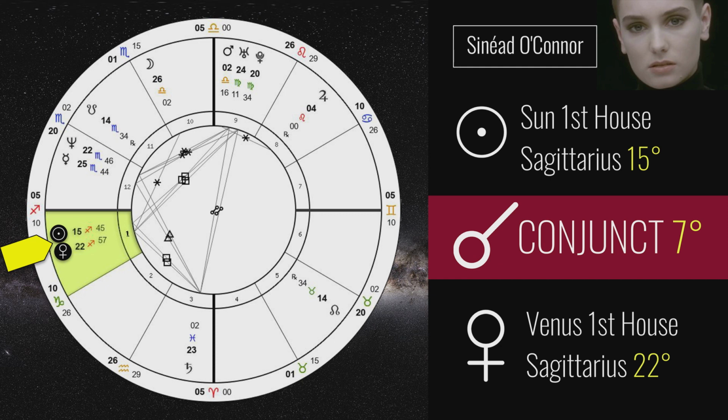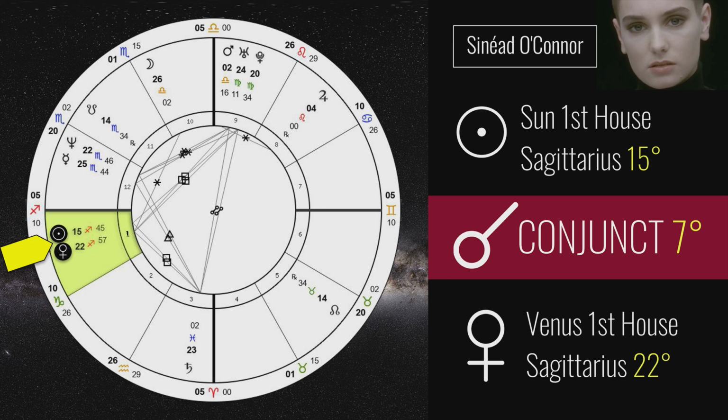In this case, if the energy of Venus was blended with a person's sun, how would that show up in their life and their personality? That will be a good way to go about learning astrology: looking at the conjunctions to the sun and the moon in your chart, as well as your parents', children's, siblings', significant others', and people you know well.